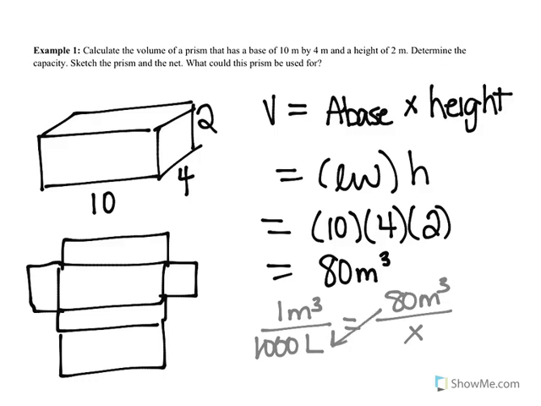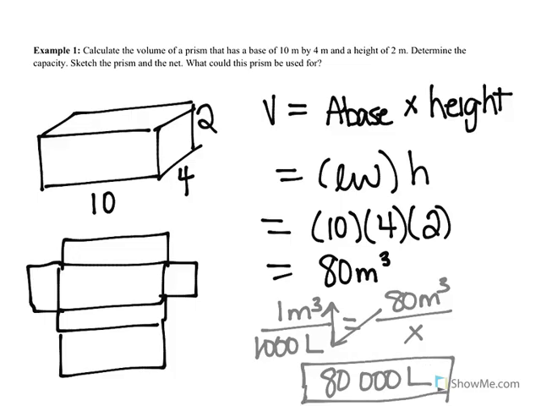So 80 times 1,000 divided by 1, and you should get 80,000 liters. Thinking about 80,000, that's a pretty big number. It's probably going to be something like a swimming pool, which would make sense for this shape and size. And I like swimming pools, so let's hope it's that.